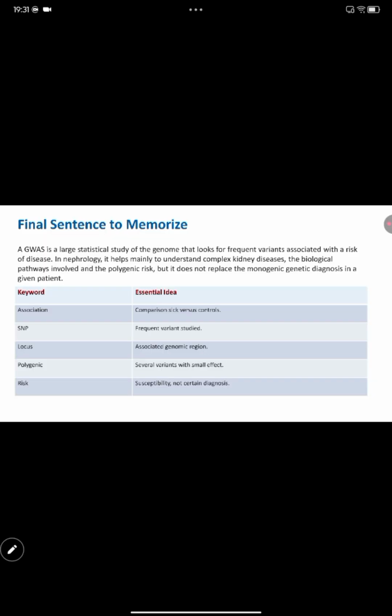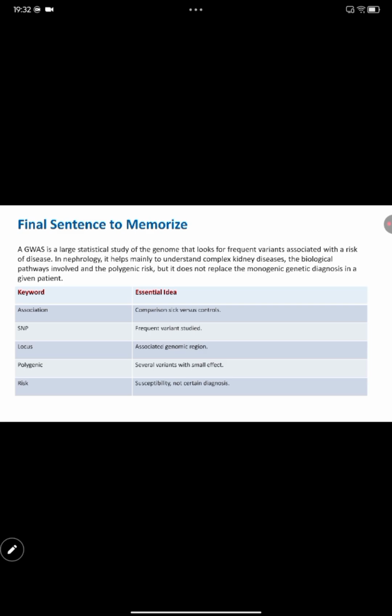If we had one final takeaway message to memorize, it is that a GWAS is a large statistical study of the genome that searches for common variants associated with disease risk. In nephrology, it mainly helps us understand complex kidney diseases, the biological pathways involved, and polygenic risk. However, it does not replace monogenic genetic diagnosis in a given patient.